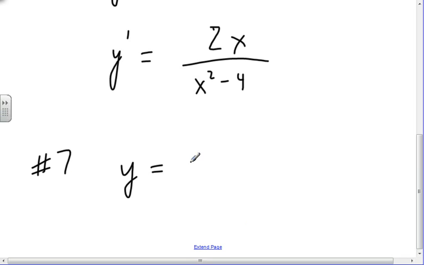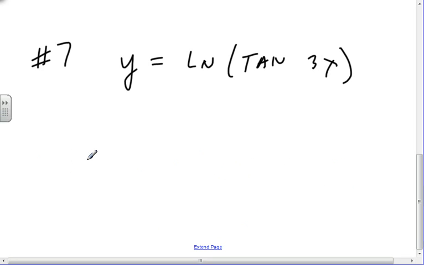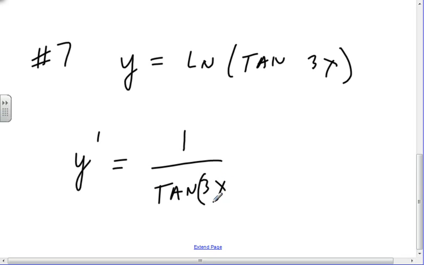Y is equal to the natural log of the tangent of 3x. All right, well, clearly this isn't going to work very well. Y prime is equal to 1 over the tangent of 3x. And now I'm going to have to come up with what the derivative of tangent 3x is.